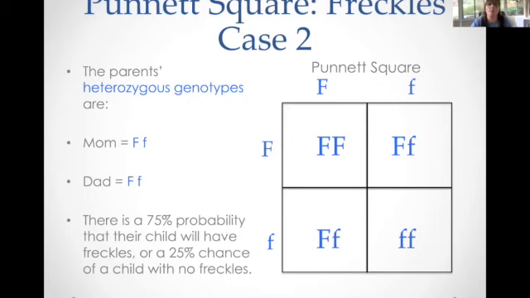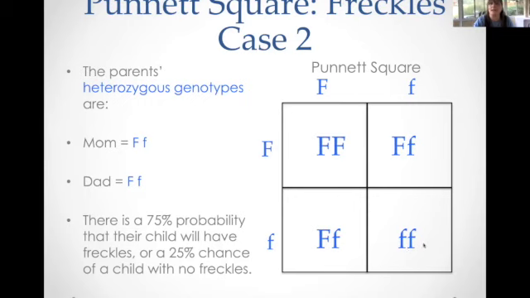So if both mom and dad are heterozygous, they have only a 25% chance of having a baby with no freckles, because mom gives off a big F, dad gives off a big F, and then mom gives a little f and dad gives a little f. So there's only one possibility for having a kid that is homozygous recessive.